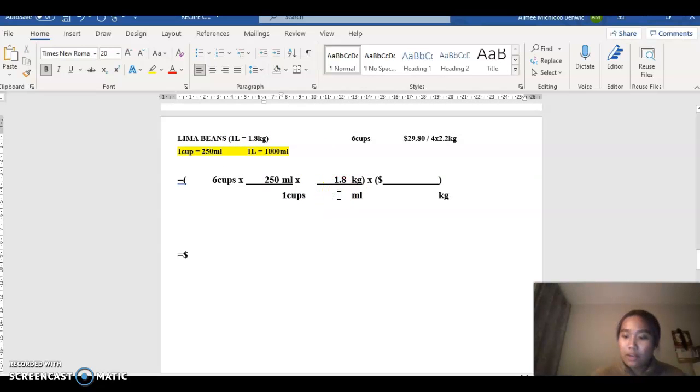As we all know, there are 1,000 ml in 1 liter. Just copy the price of $29.80 per. If you see this number, this indicates 4 multiplied by 2.2, that gives us 8.8 kilograms, and after calculating all of them, that gives us $9.14.